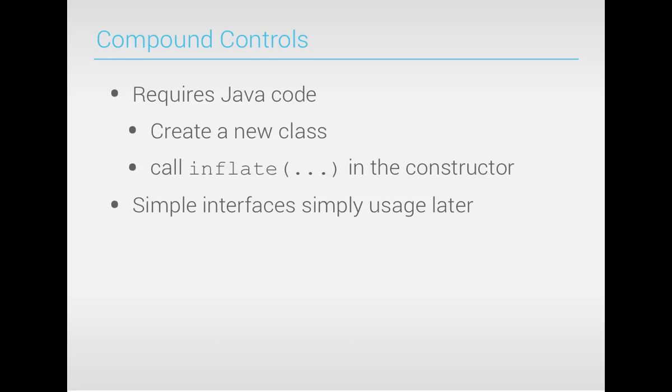And then, if you create simple interfaces for your object, you can create something that's a lot simpler to reuse throughout your projects. Let's say you want to use the same checkbox on lots of different screens. You can create this compound component that does all your logic, and then you can just reuse it in lots of places.